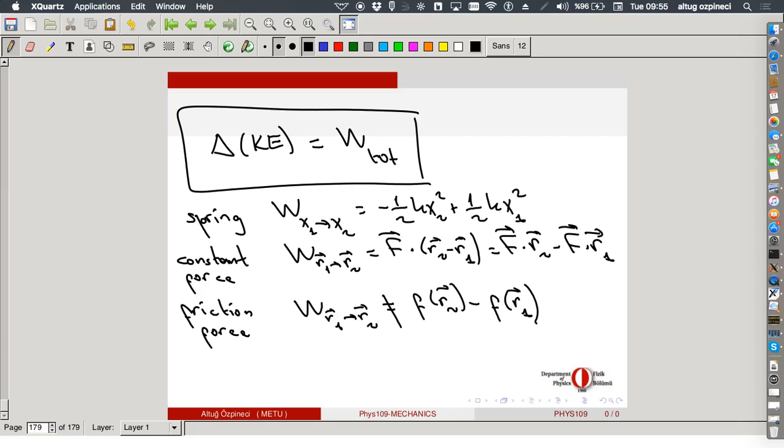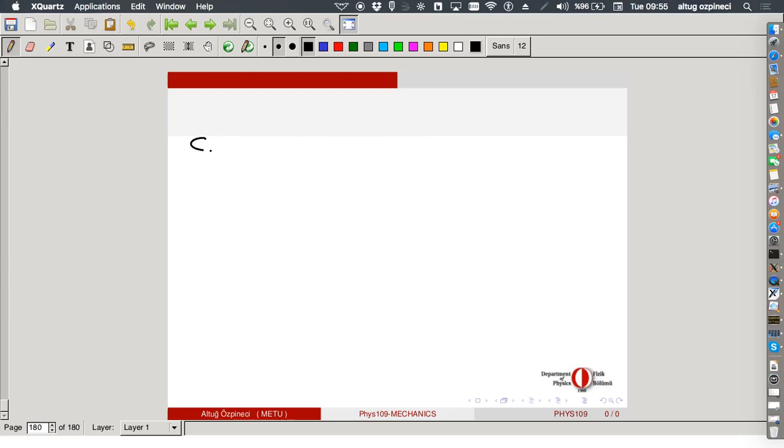Now this allows us to classify forces in two different ways. One is what we call the conservative force, and the other one non-conservative force.